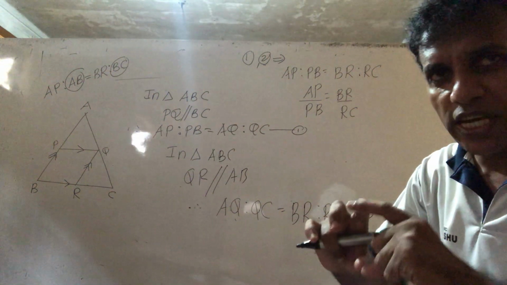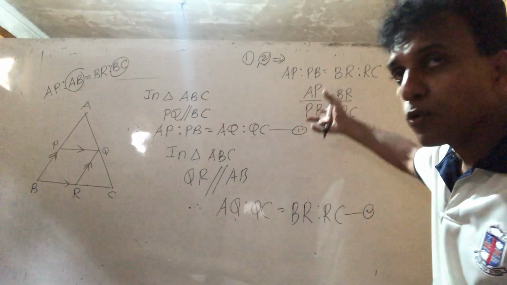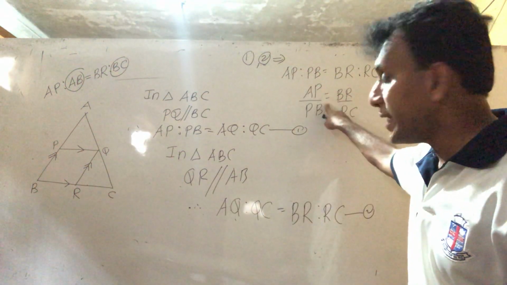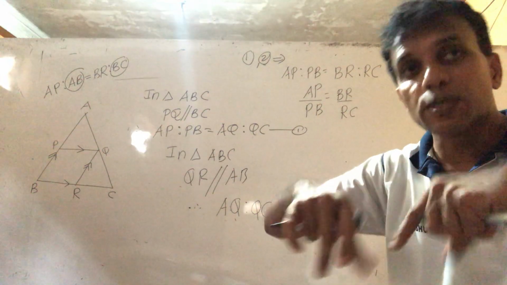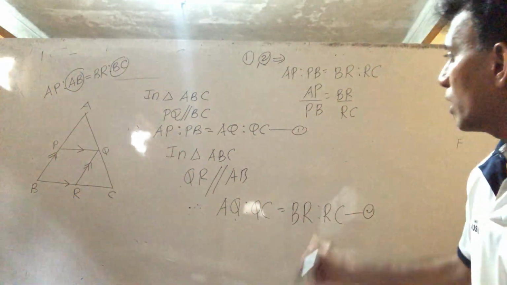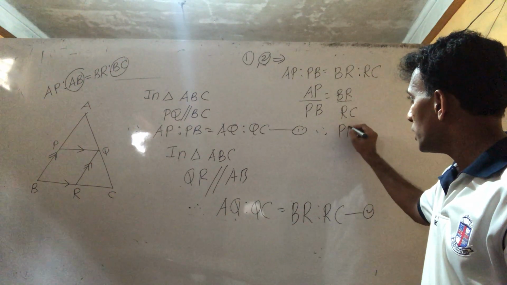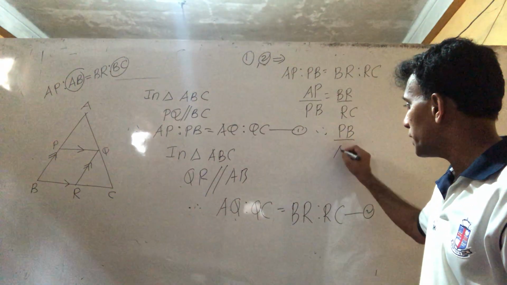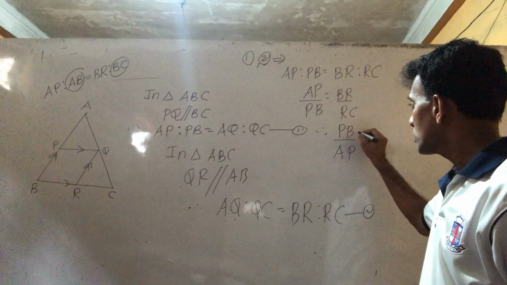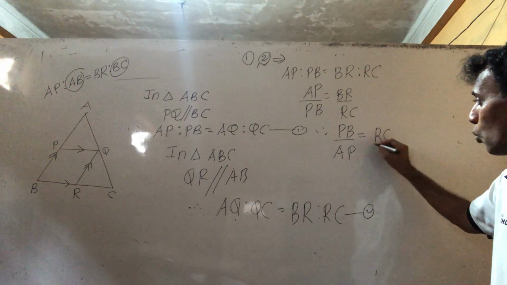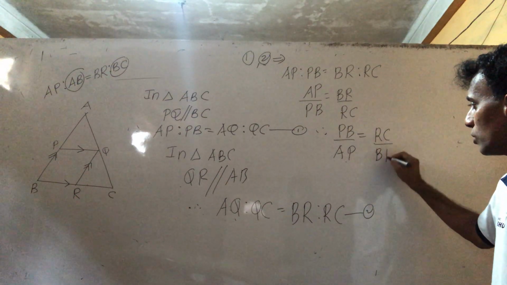Therefore, with a small change, I write the reciprocal on both sides. These both are equal, therefore the reciprocals are also equal. So PB over AP equals RC over BR.